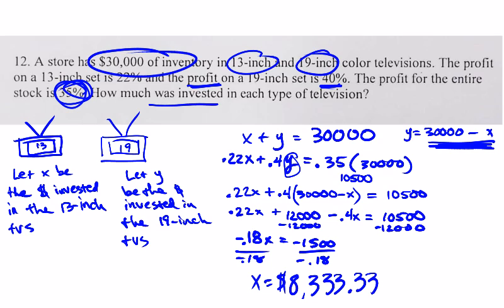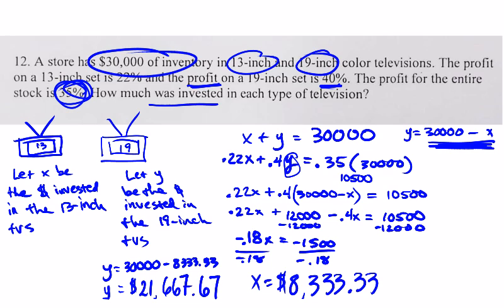So I've got that the amount invested is $8,333.33. And if I want to figure out how much I invested in the 19-inch TV, I'm going to do y would equal 30,000 minus 8,333.33, and so y would equal $21,666.67.